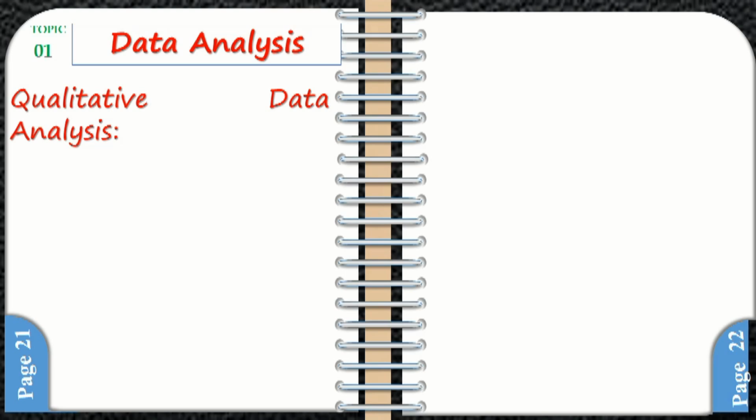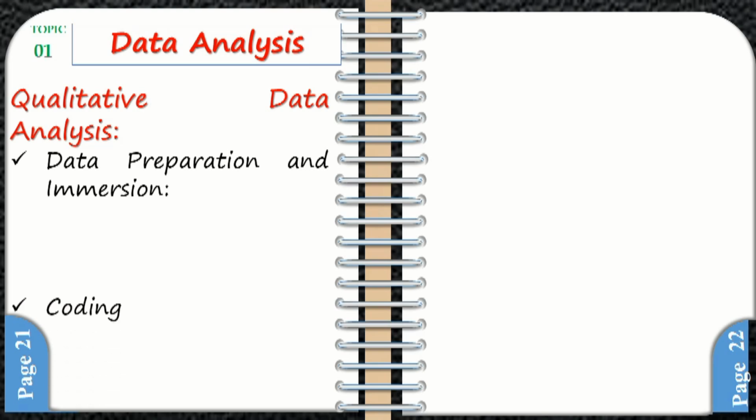Qualitative data analysis is an inductive and interactive process aimed at building theories or themes from the data itself. So in this, we prepare the data, then we do coding. This is the fundamental process of breaking down the data into discrete parts.